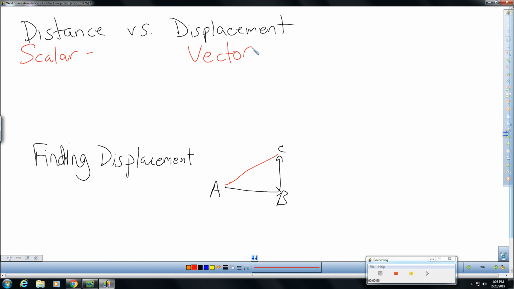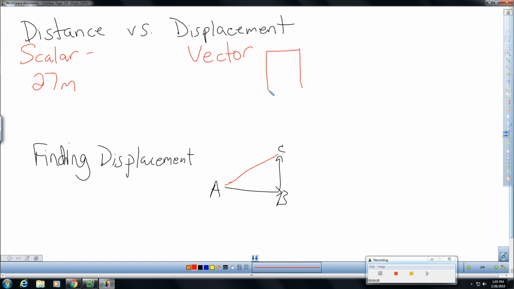So there's a couple of ways that we can find it. Distance could be I just went 27 meters. Displacement could be I went 10 meters up, I went 10 meters left, and then 10 meters down.